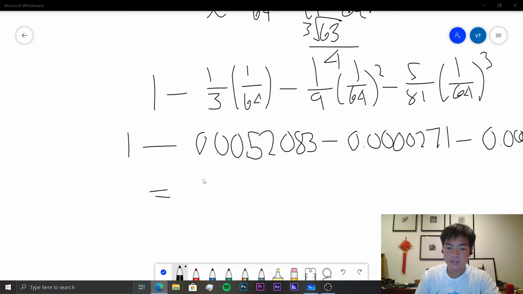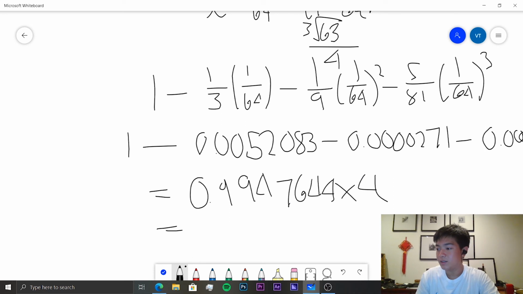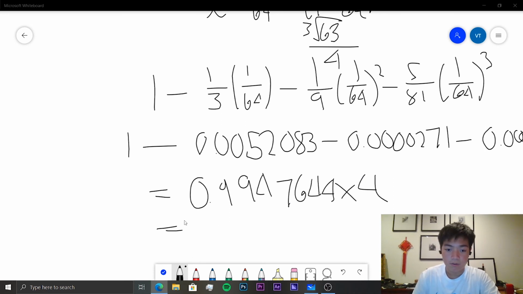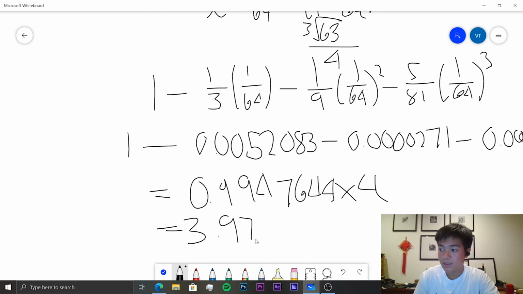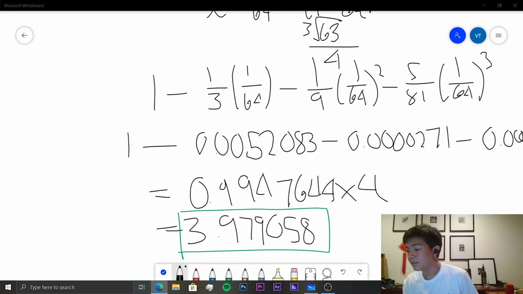So I'm getting 0.99476644, and multiplying this by 4 gives us 3.970576, so we can round that to 3.979. That should be our final answer for tonight.